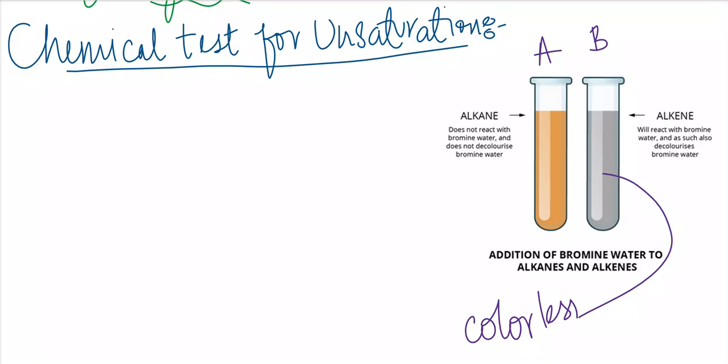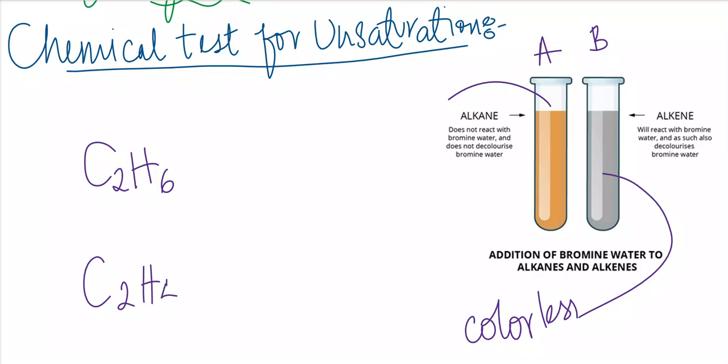But if we talk about the first one, which has the bromine water, the reddish brown color is present there, so alkane does not react with the bromine water. Why? If we talk about C2H6, this is ethane, and the first member of the alkenes is ethene.